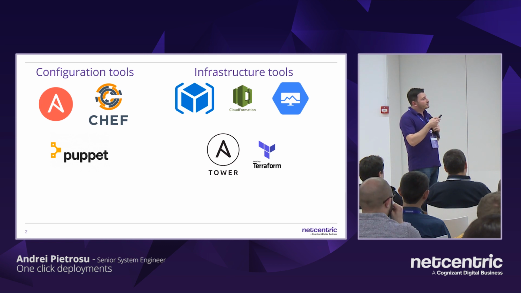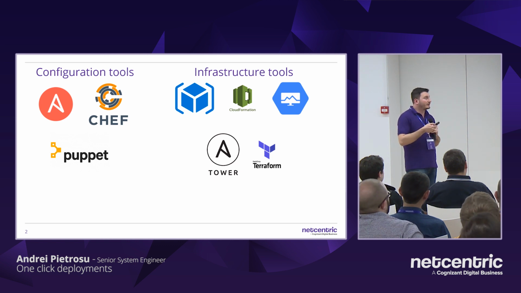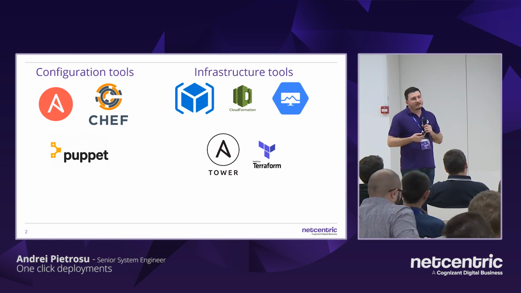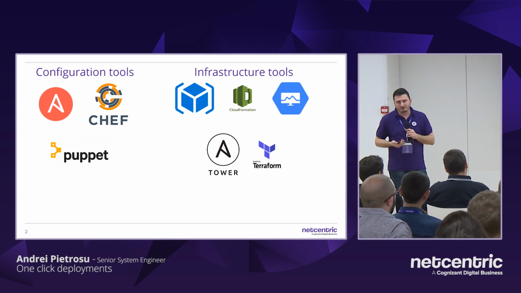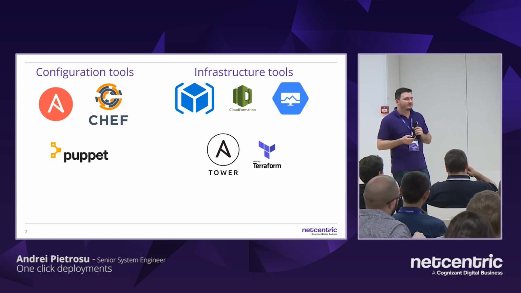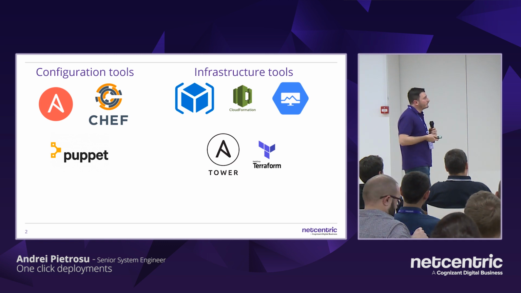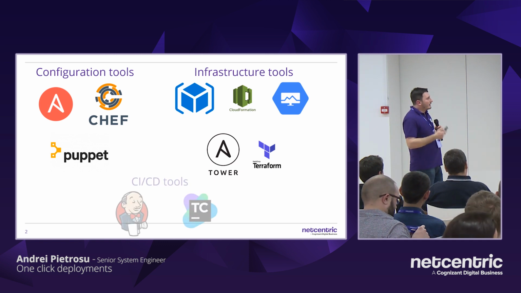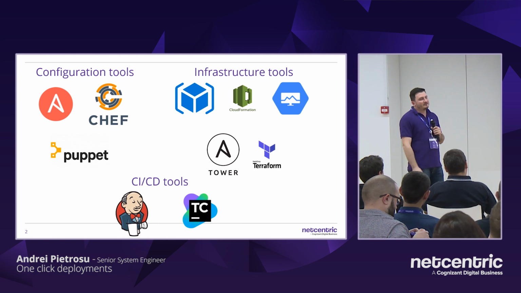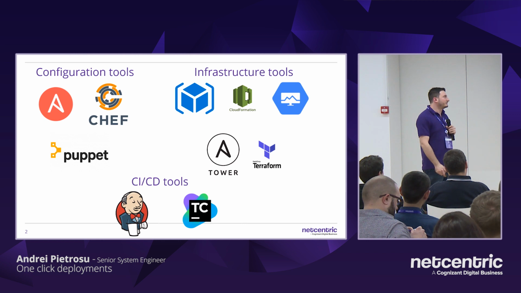So the first one is for Azure, the second one is CloudFormation for AWS, the third one is Cloud Manager from Google. And you also have a stack of newer tools that are, let's say, agnostic to every cloud environment, like Ansible Tower and Terraform. And your CI/CD tools, Jenkins, CTN, whatever else you can think about.